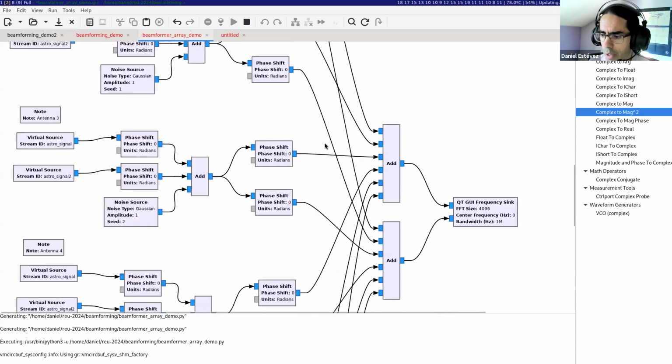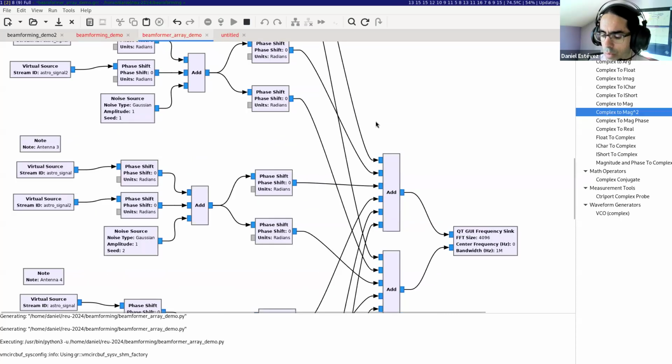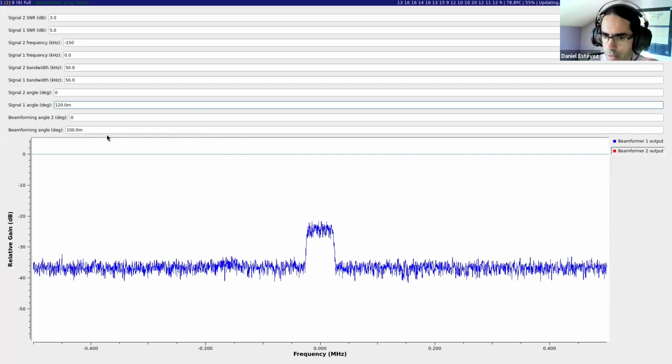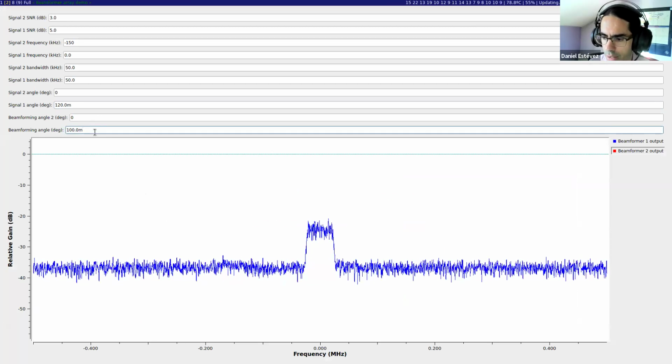One way of thinking about that inverse FFT transform and interferometry in general is that we are doing beam steering with a beamformer for each pixel in the image that we want to obtain. So here, if I wanted to make an image of the sky, this simulation is one-dimensional.